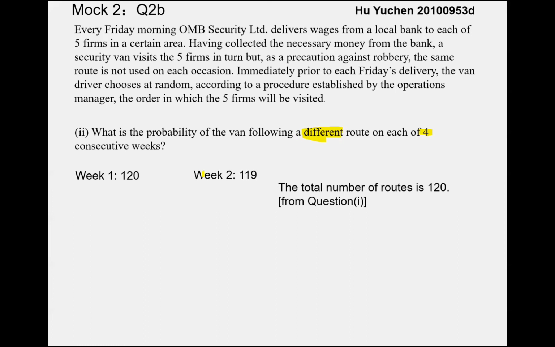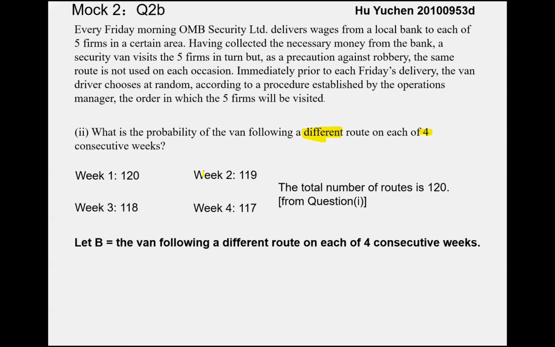Similarly, in week 3, we can choose one from the rest of 118, and in week 4 it is 117. Then we let event B be the event of following a different route on each of 4 consecutive weeks.